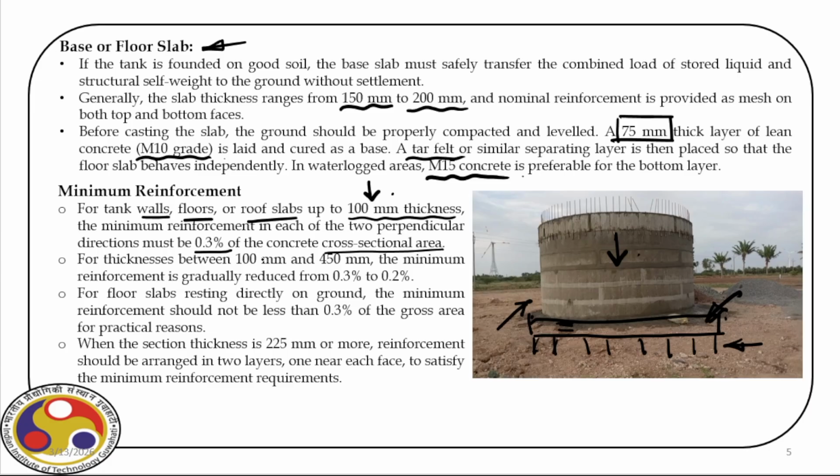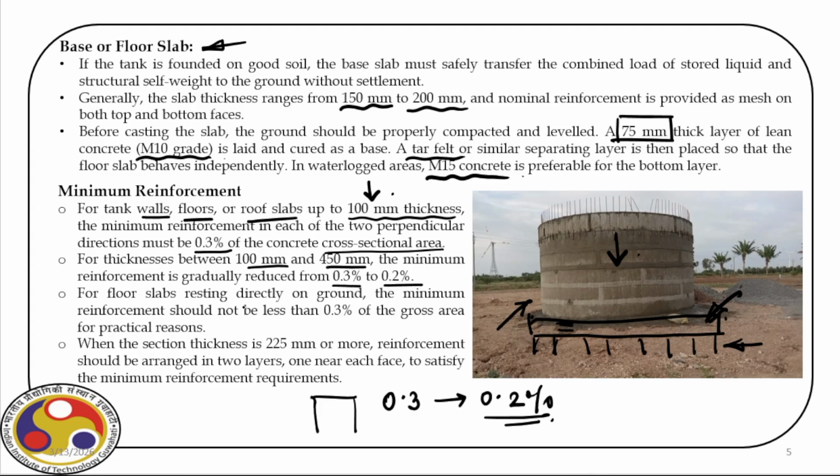If the thickness is between 100 millimeter to 450 millimeter, the minimum reinforcement is gradually reduced from 0.3% to 0.2%. So if the thickness is more, obviously the requirement of reinforcement is less. So we can reduce from 0.3 to 0.2%.